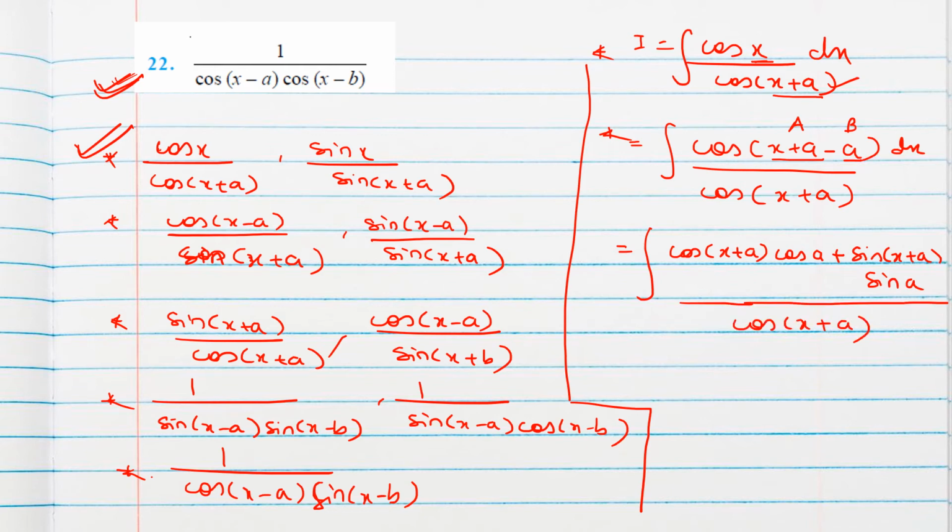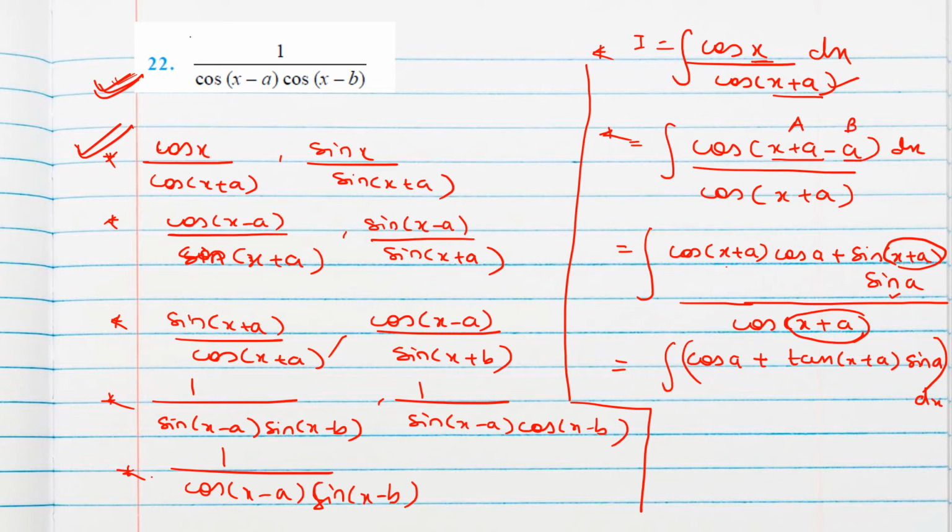Then in next step, separate the denominators. So if you separate the first term, cos of (x plus a) will get cancelled, so only remaining term will be cos a. And here sine with this angle and cos with this angle, same angle, that means we can write tan of (x plus a), and sine a will be the remaining term.